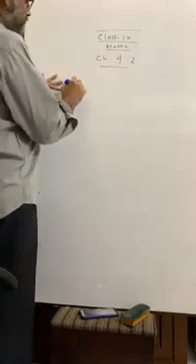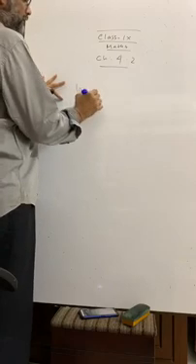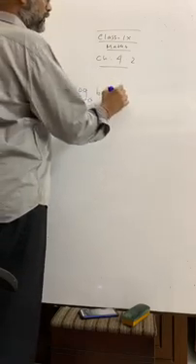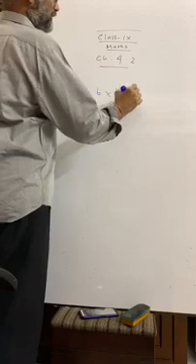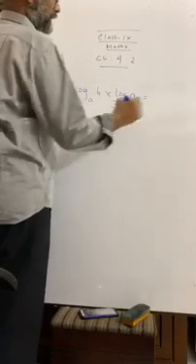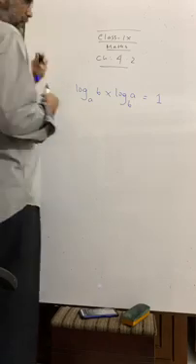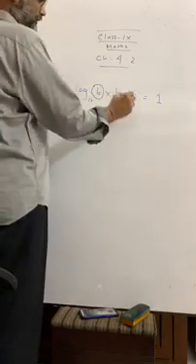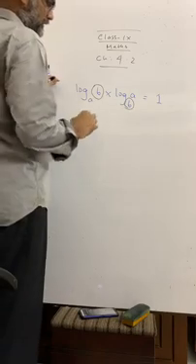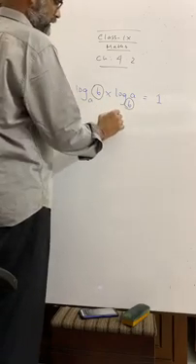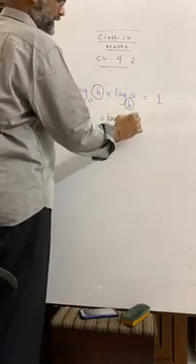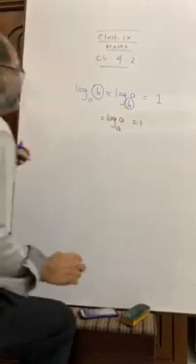You know, log a base b times log b base a equals what? Equals 1, right? That is, the b here and here will not be considered, so we get log a base a, which equals 1.